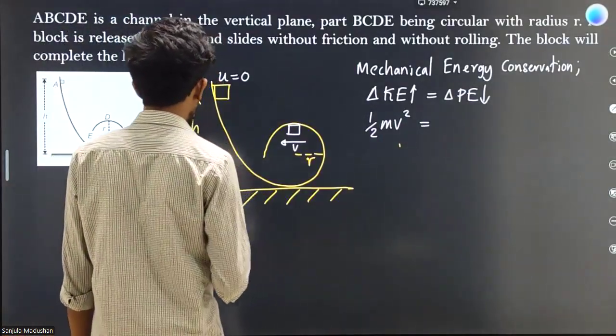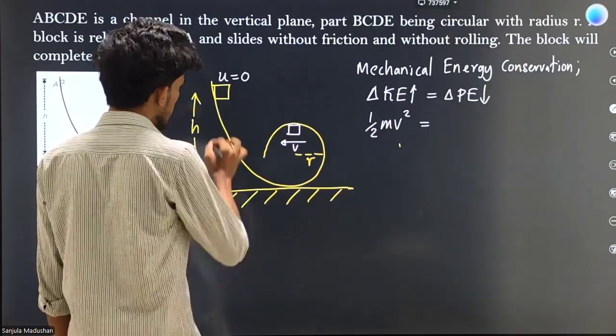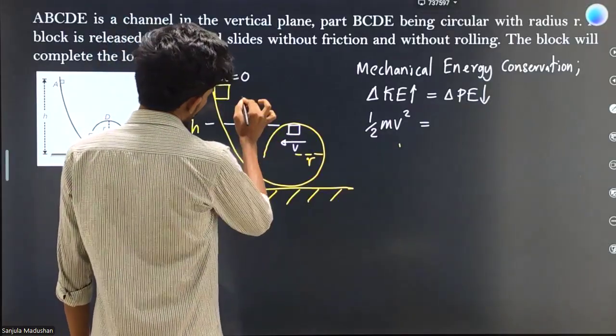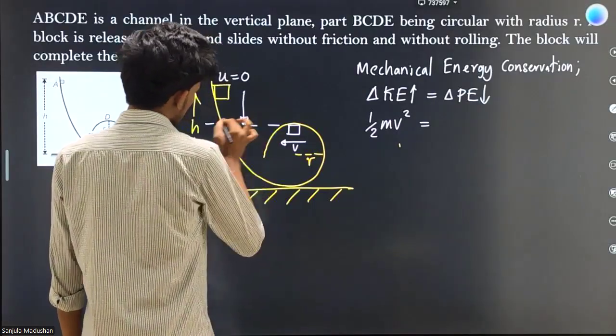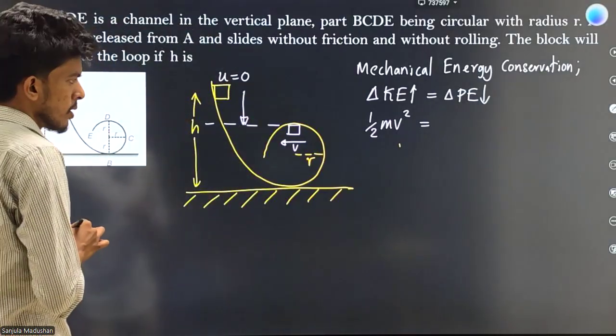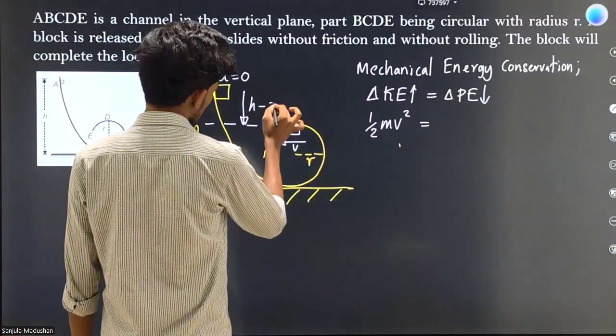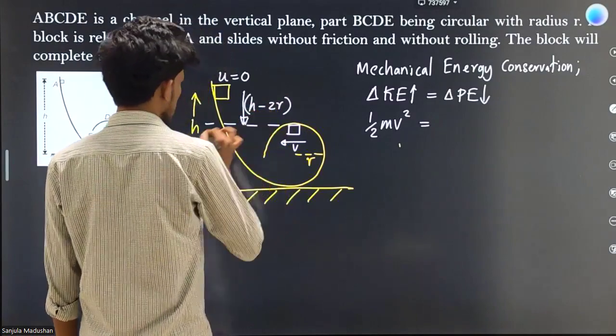For the decrease in gravitational potential energy, let me first find the height this mass drops. This mass has fallen down a height h minus 2r. So the gravitational potential energy is mg times the height, which is h minus 2r.